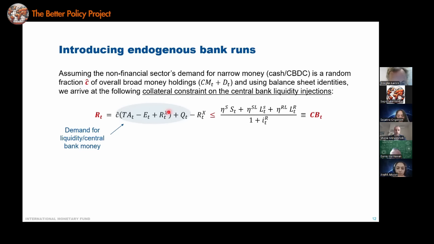By the way, the term in the parentheses is essentially the deposit portfolio, expressed using the balance sheet identity of banks. So this is the demand for cash, which is stochastic, plus demand for reserve balances, minus the reserve supply that the central bank provides using other instruments like buying foreign exchange, which is also a source of domestic currency liquidity injection.